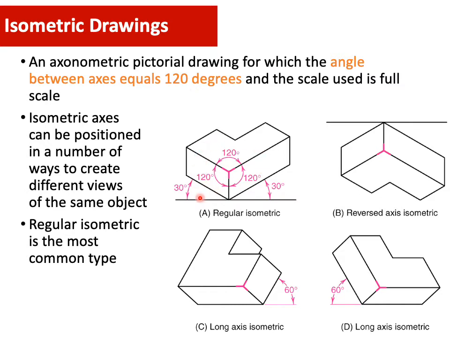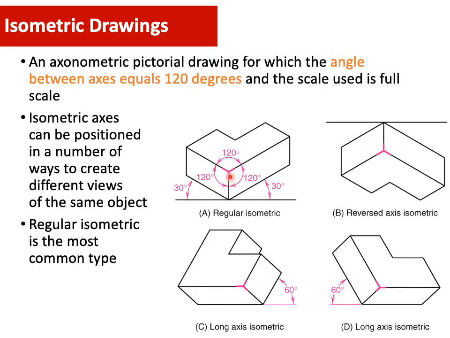You can see right here in the figures, a whole circle is 360 degrees. So there's an x-axis, y-axis, and z-axis. The difference between each pair of axes is 120 degrees.